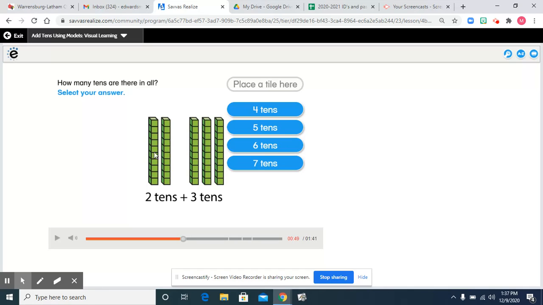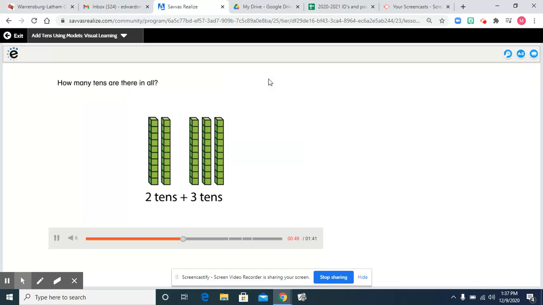So there are 50 cubes in all, and 2 tens plus 3 tens, well, you know 2 plus 3 is 5, same thing as 50. So the answer would be 5 tens. There are 5 tens. 2 plus 3 equals 5. So 2 tens plus 3 tens equals 5 tens.